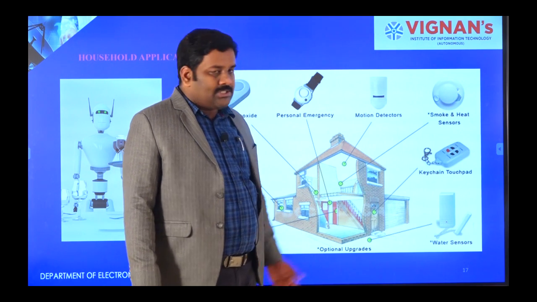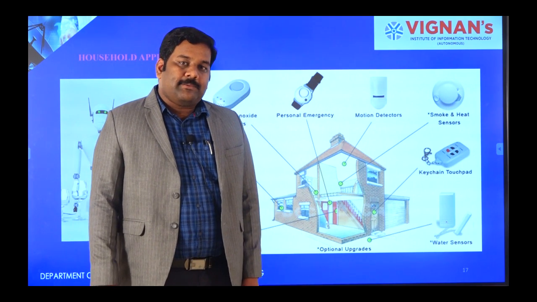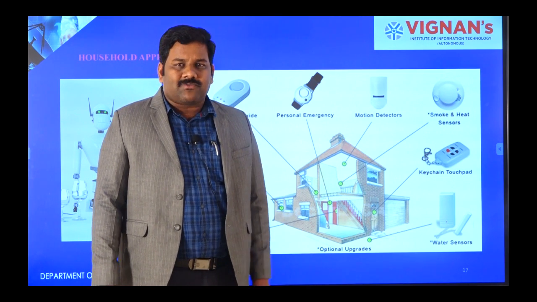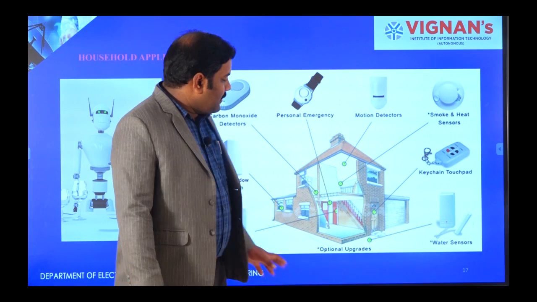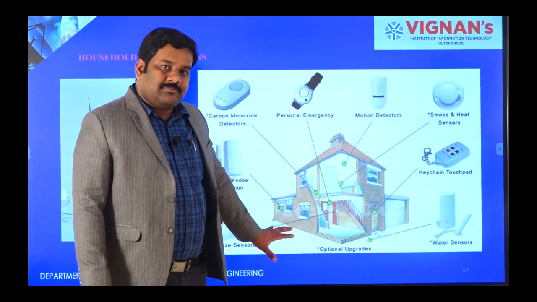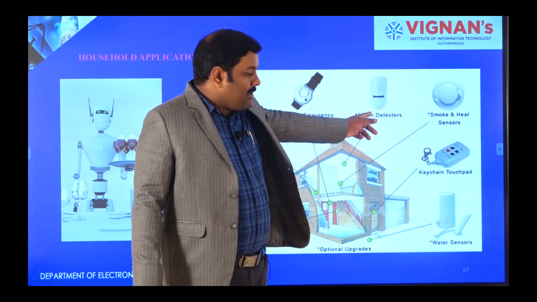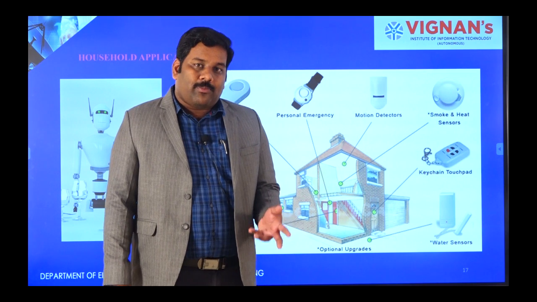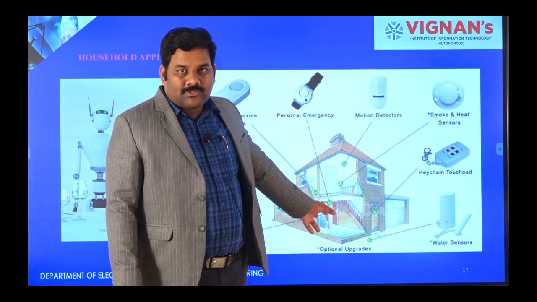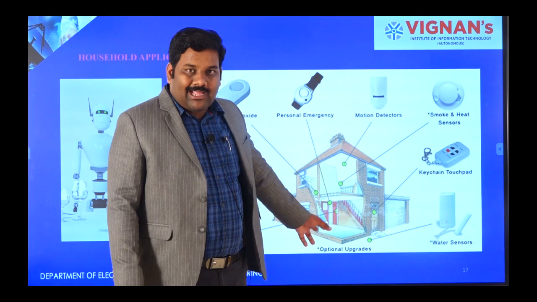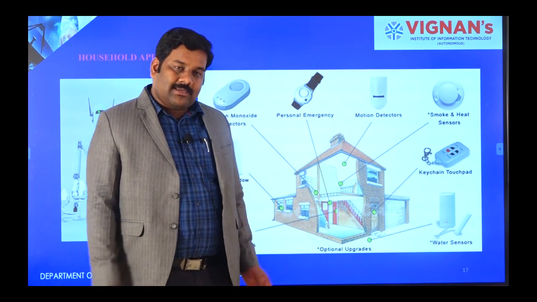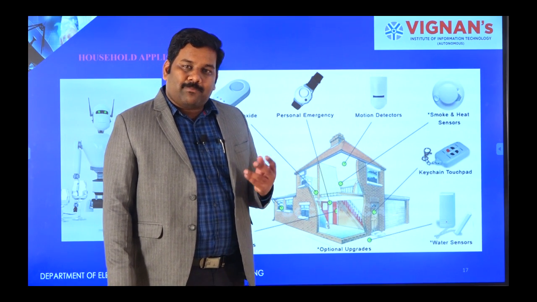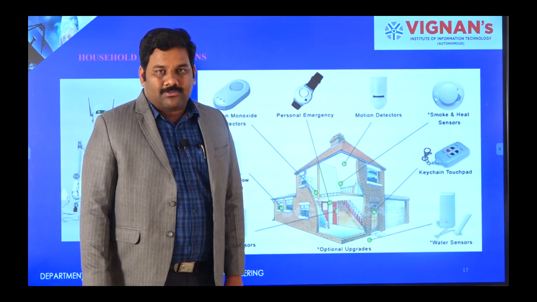This is motion detectors. For example, we may go for some outstation visit or to a relative's house to attend a function. We closed the entire house, but we still maintain motion detectors. There may be a chance of someone robbing our house. In that case, if any person moves in front of the camera, that camera will take a snapshot.